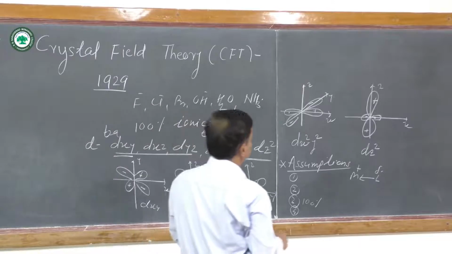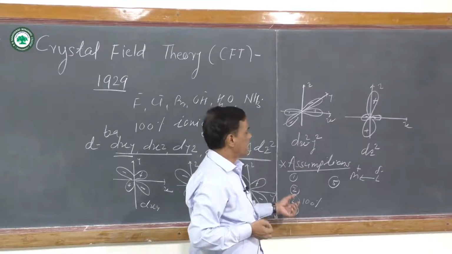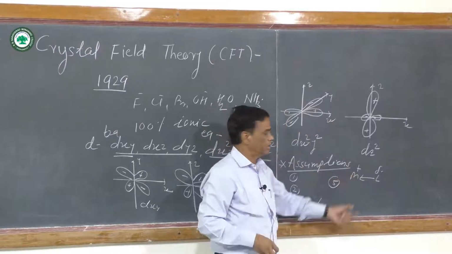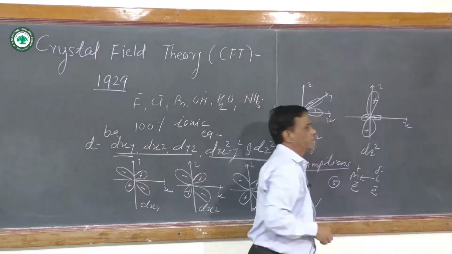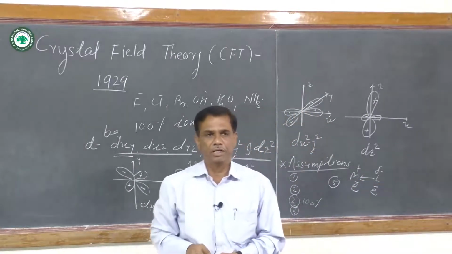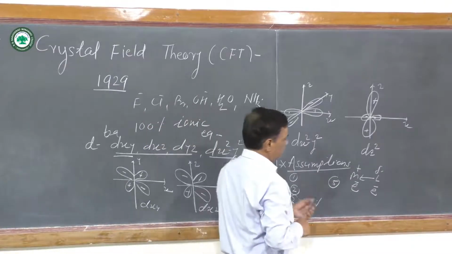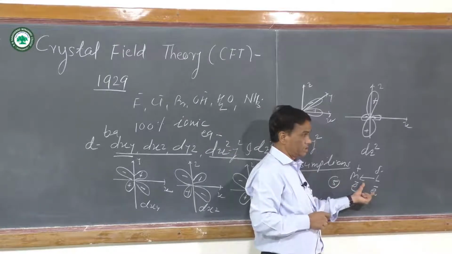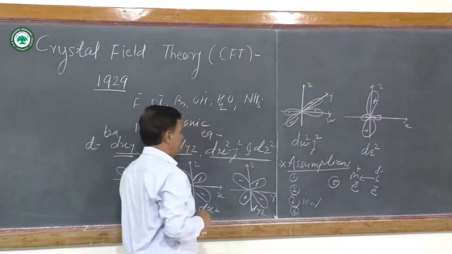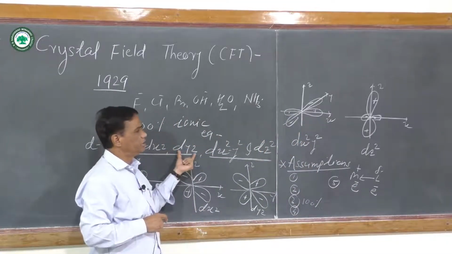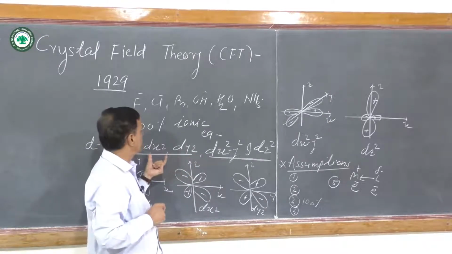Then the fifth assumption of crystal field theory is that when there is attraction between metal ion and ligand, there is also repulsion between the electrons of the positively charged metal and the negatively charged end of the ligand. When there is repulsion between electrons, since electrons are negative, these five d orbitals, which in the free state are degenerate, meaning of the same energy, split into two sets.